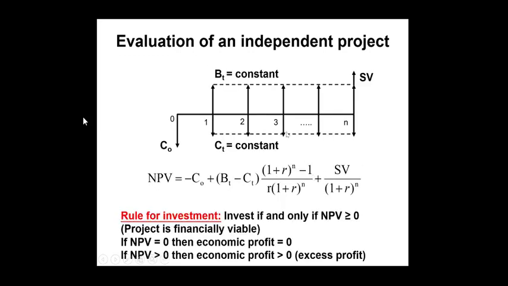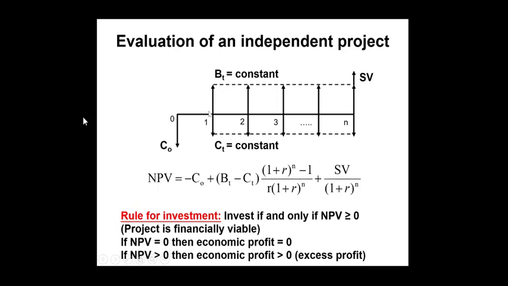But we have a special situation, when the Bt is constant. For example, suppose that we have a project with n years, and the revenue of each year is an equal payment series.